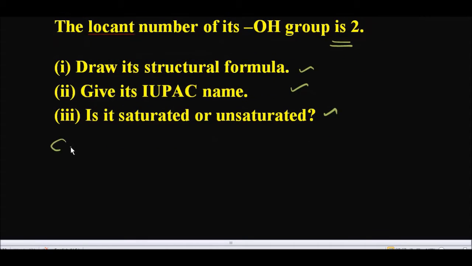The formula given here is C4H10O. So better you write 4 carbons in the longest linear chain. As it has the functional group OH, and the location is also indicated, second carbon, you can attach an OH group there. Based on the valency of carbon, we can complete the formula.